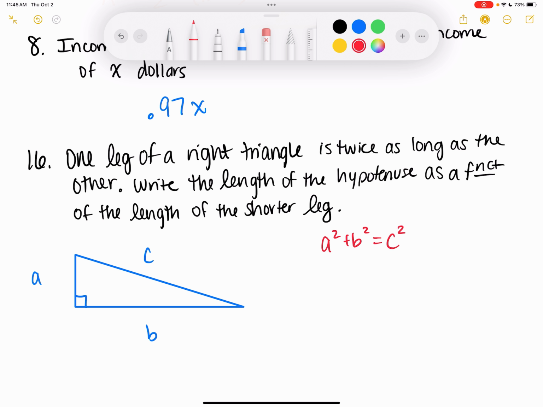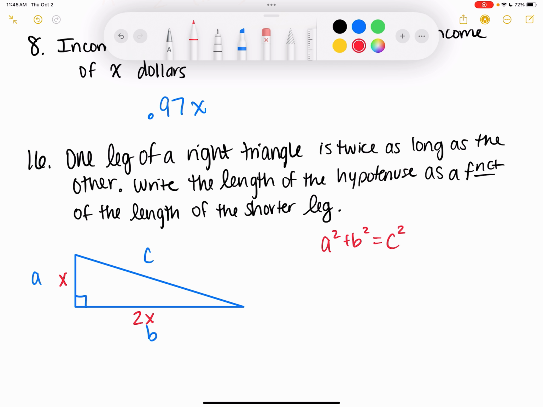Now, I know that one leg is twice the length of the other one, so I need to call these something that's the same. It doesn't really matter what letter you choose to use. We can use X. So I can call this one X, and then this one is what? 2X.